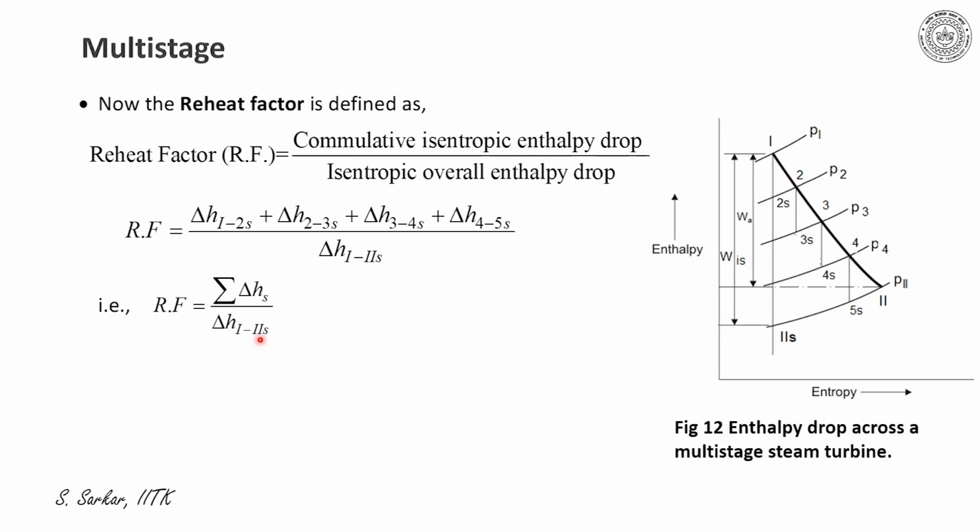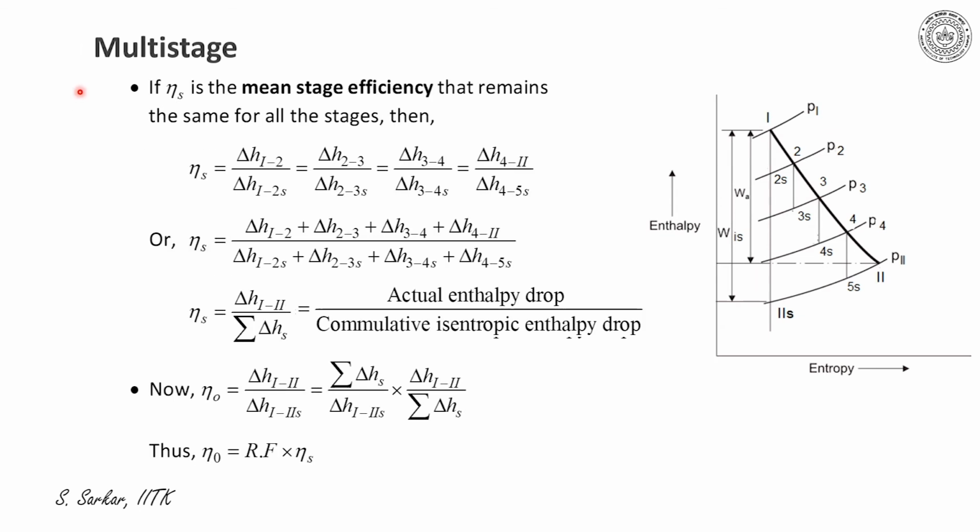Del H12S represents the isentropic overall enthalpy drop. Thus, here I have defined reheat factor related to multi-stage steam turbine. Now let us consider eta S be the mean stage efficiency, which remains constant for all the stages.